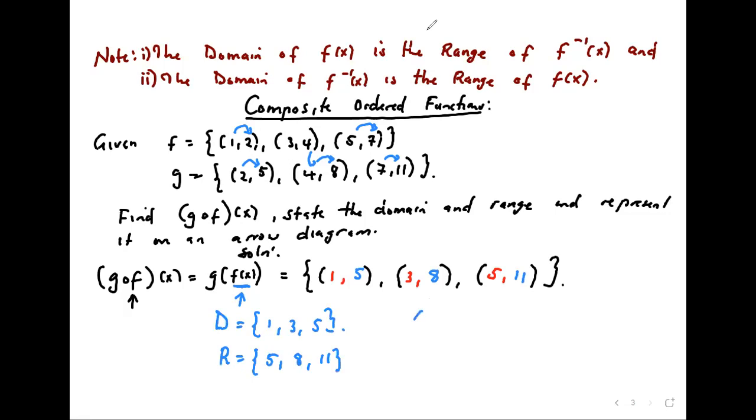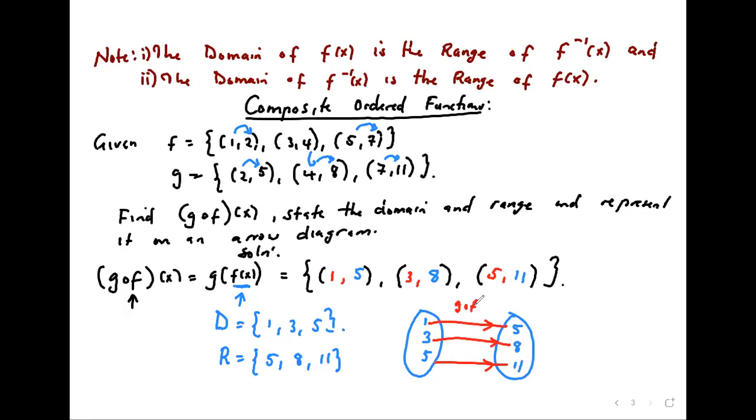An arrow diagram, 1, 3, 5 and 5, 8, 11. How do we move? 1 to 5. 3 to 8. 5 to 11. This is g of f.